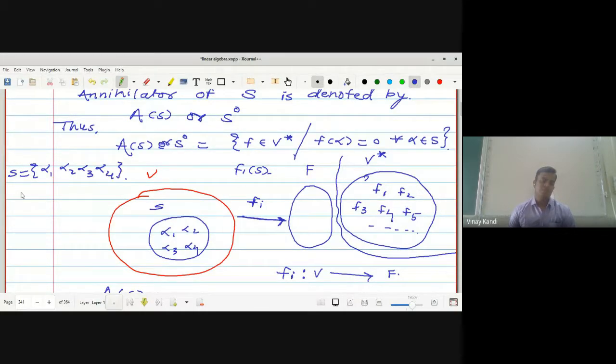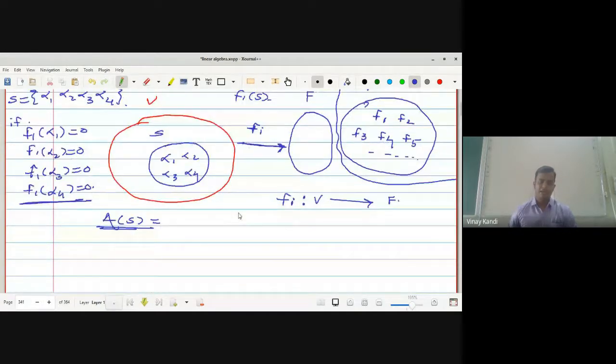If f1 of alpha 1 is equal to 0, f1 of alpha 2 is equal to 0, f1 of alpha 3 is equal to 0, f1 of alpha 4 is equal to 0, then this f1 belongs to what? Annihilator of S. That means this f1 will be in the annihilator of S.